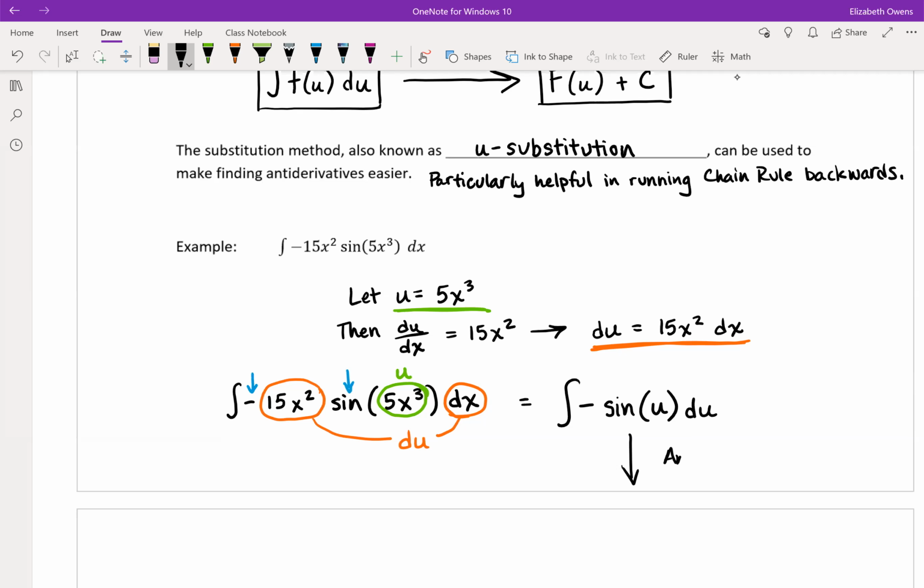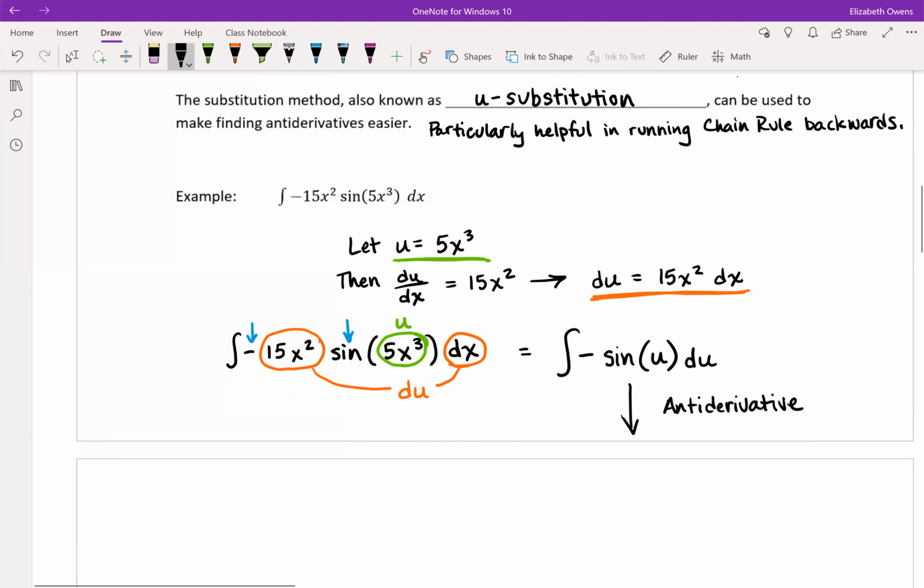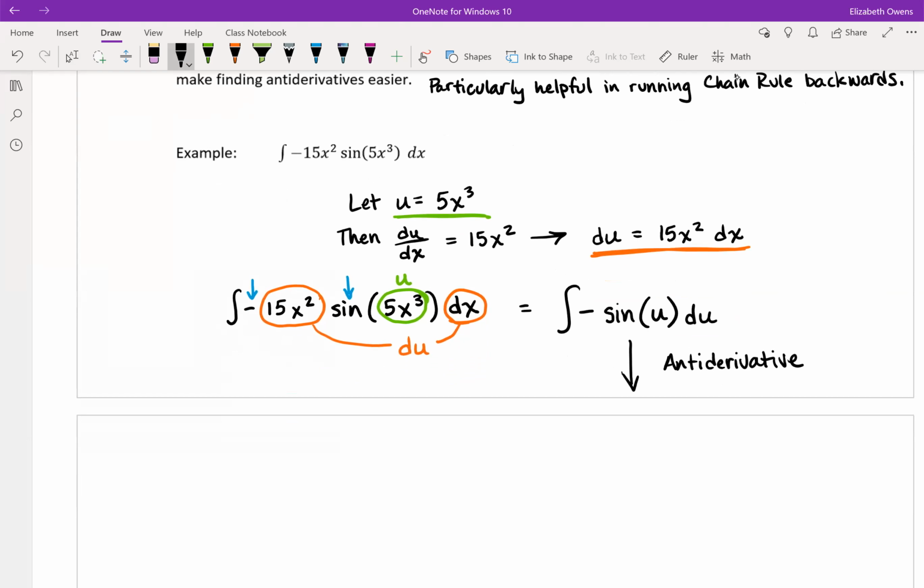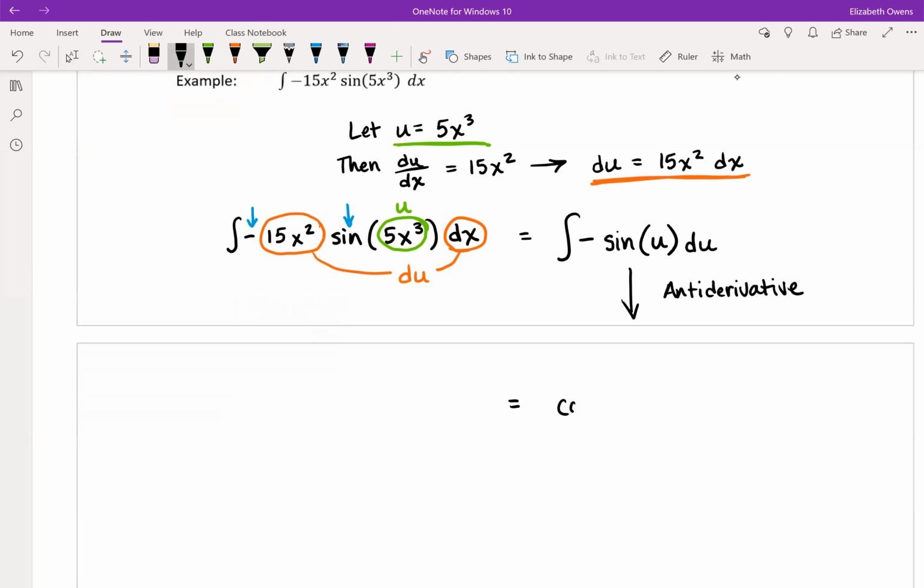So take your antiderivative. And yeah, it's a lot nicer now. So when we do that, we're just going to get cosine of u plus c. Okay. But we don't want to stop there.